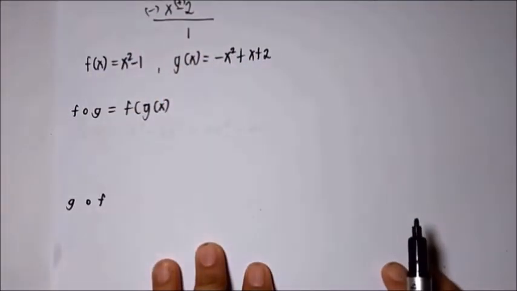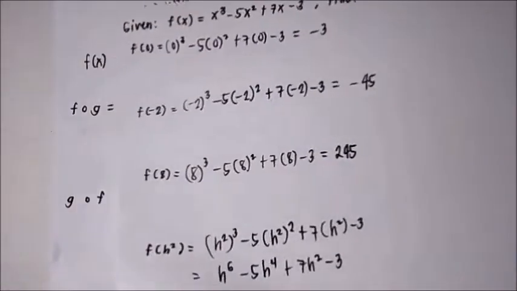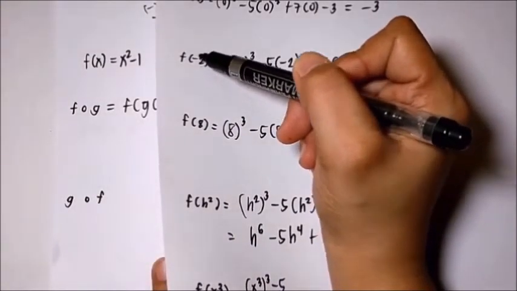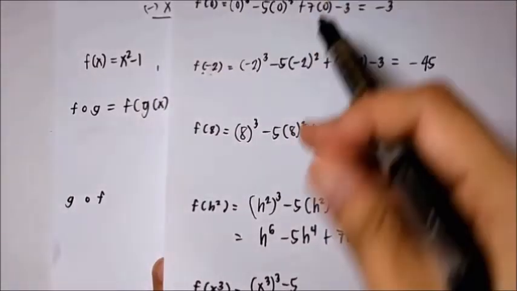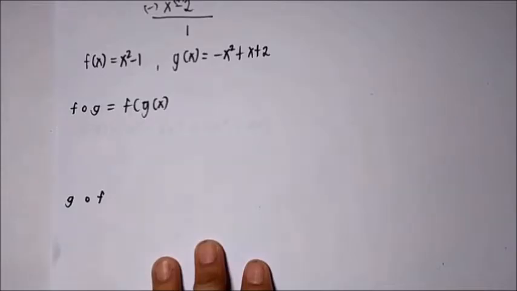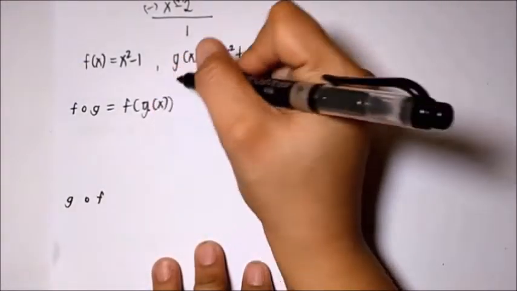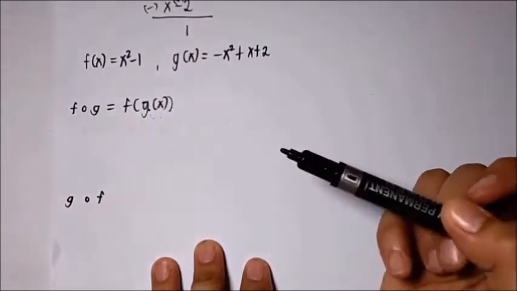So from our given function in our previous example, if the given is negative 2, then we will substitute negative 2 to all the values of x. So now, instead of negative 2, the given is g of x. So we will substitute now to all the values of x the value of g of x.